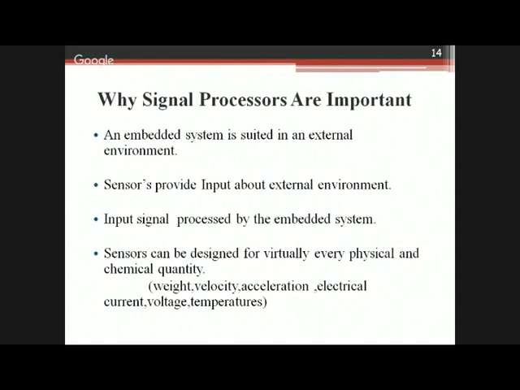What sensors are going to sense entirely depends upon what kind of application you are dealing with. It's application dependent. You can measure weight, velocity, acceleration, electrical currents, voltage, or temperatures. Different sensors are used in order to measure these physical changes.